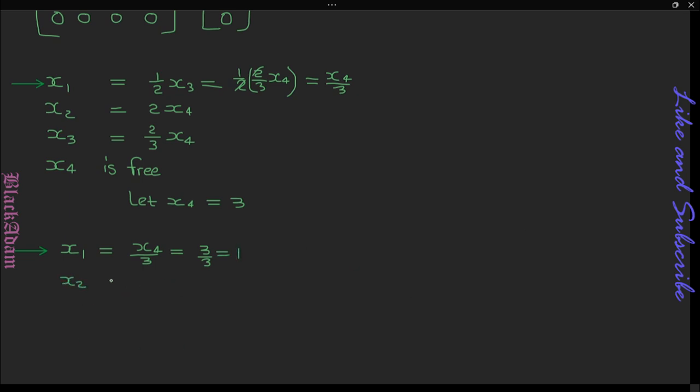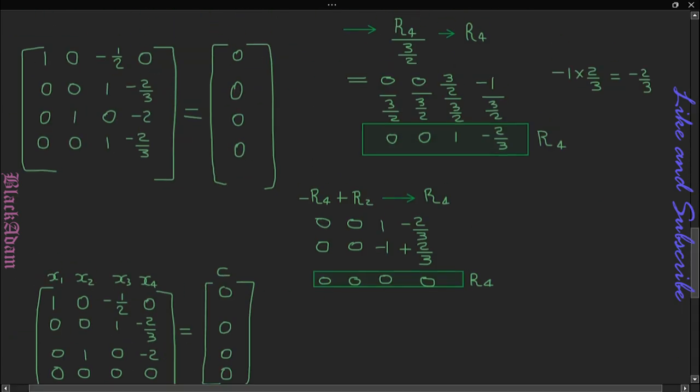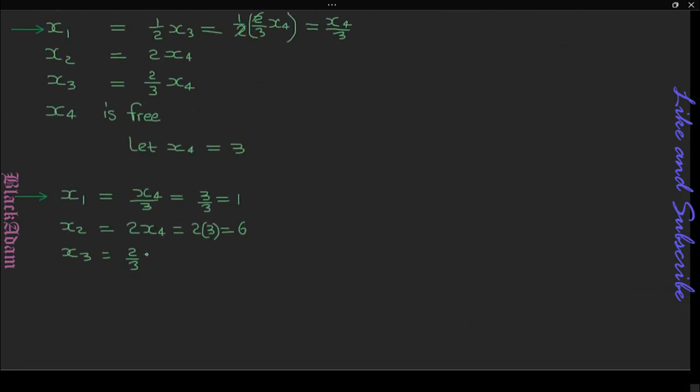Then x2 is 2x4, so 2 times 3 makes it 6. And x3 is 2/3 of 3, so the 3 cancels out and it equals 2.